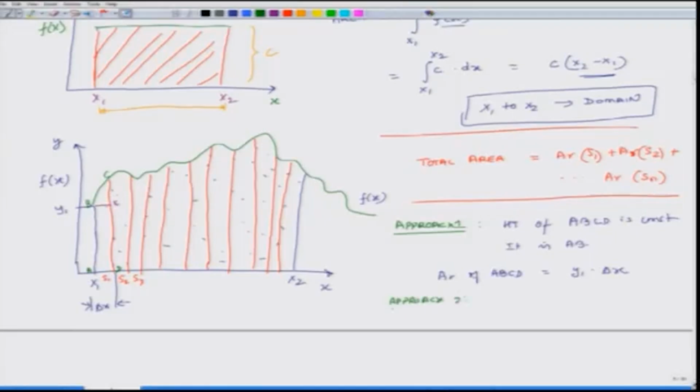Approach 2. The second approach is that I do not treat ABCD as a rectangle, but I treat it as a trapezoid.